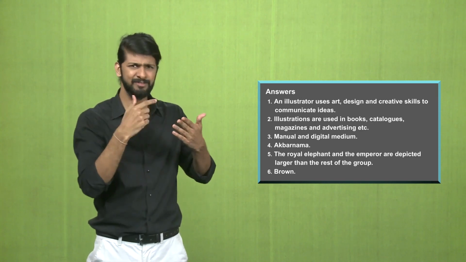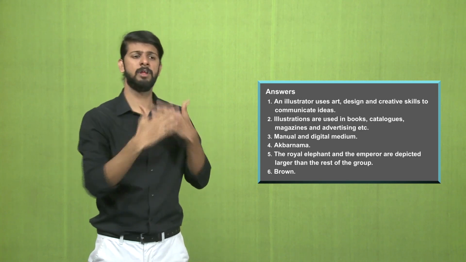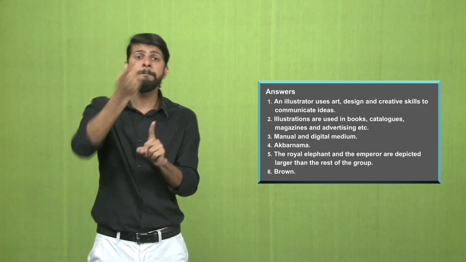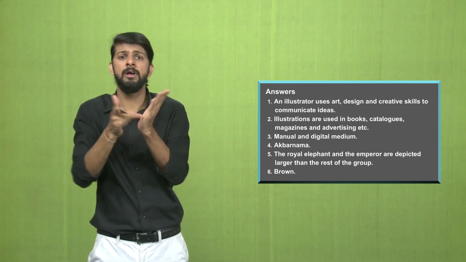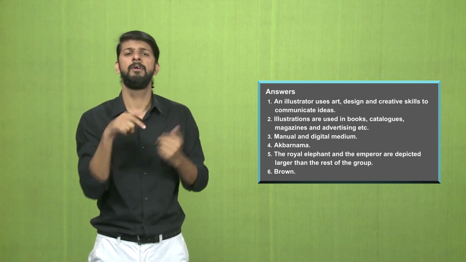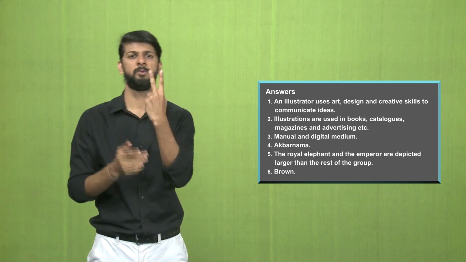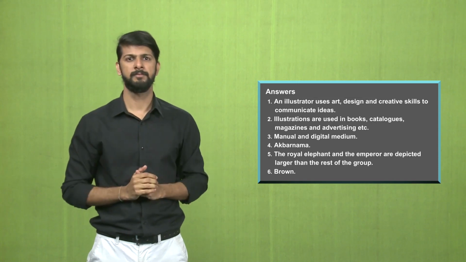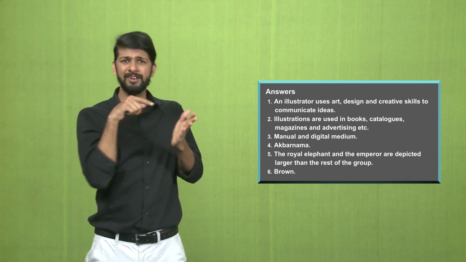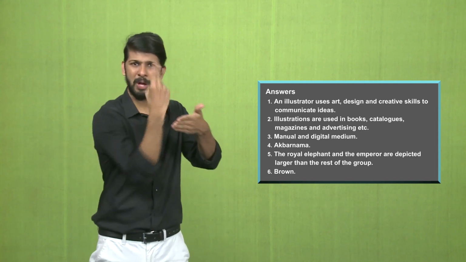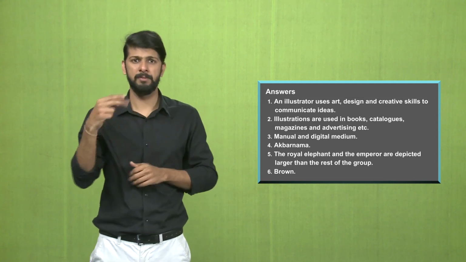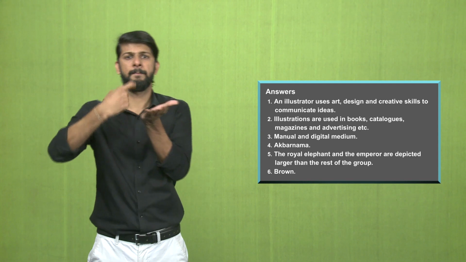Medium of creating illustration. There are 2. First is manual, that is using our hands to illustrate, and the second is digital medium or using technology like Adobe, Photoshop, etc. So, there are two mediums, manual and digital medium. Answer number 4. Akbar crossing the Ganges illustration is taken from Akbar Nama.